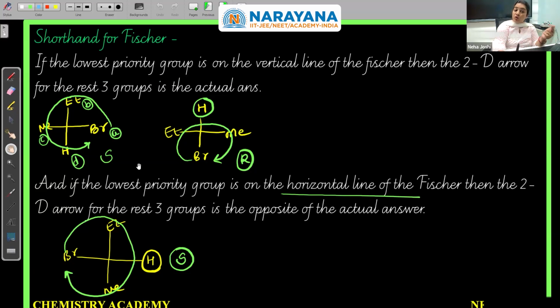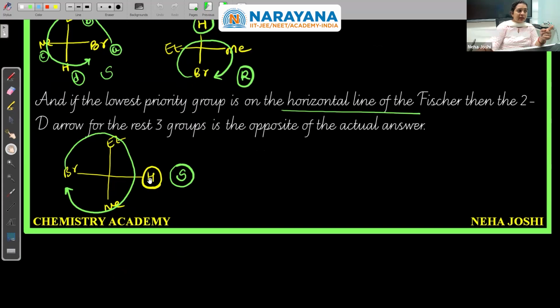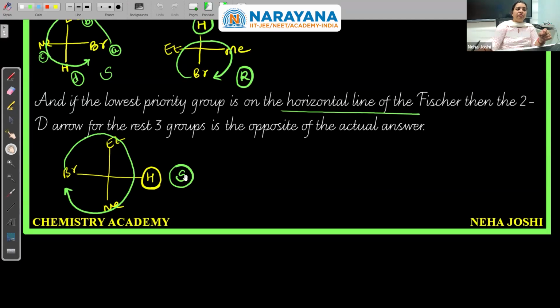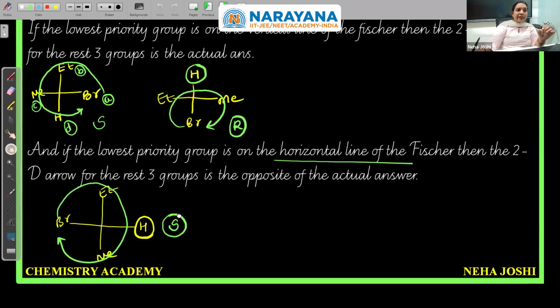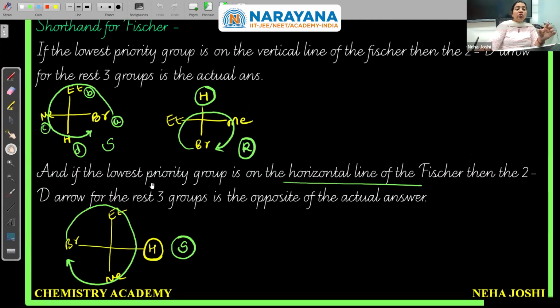But if the lowest priority group is on the horizontal line, then again you do the same thing. Let it be there. You draw the decreasing order of CIP for the rest three groups. If you get an answer clockwise, report the opposite. So if the lowest priority is on vertical, the two-dimensional arrow is your final answer.